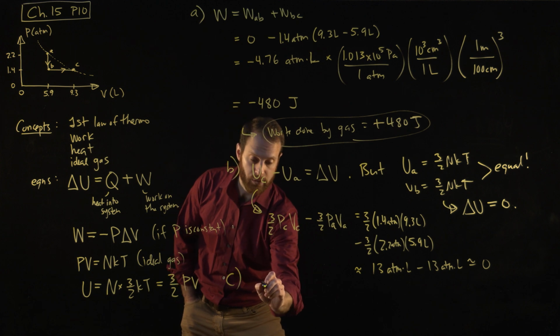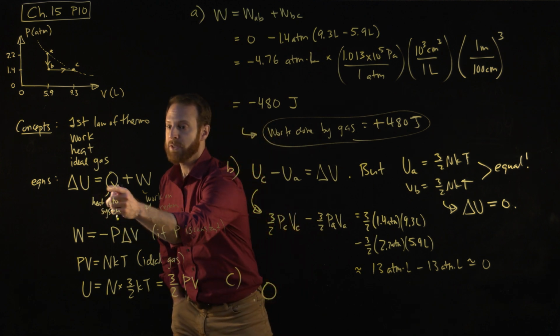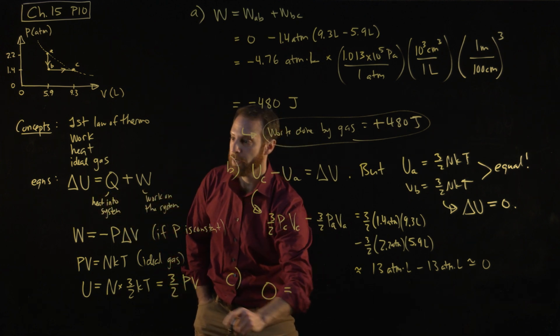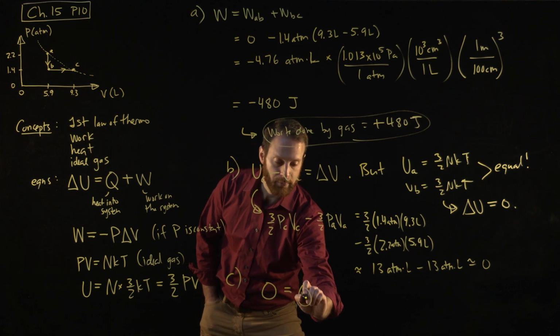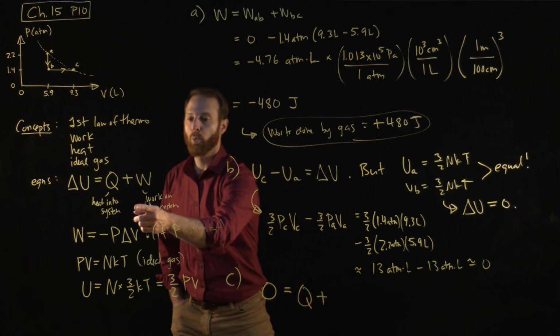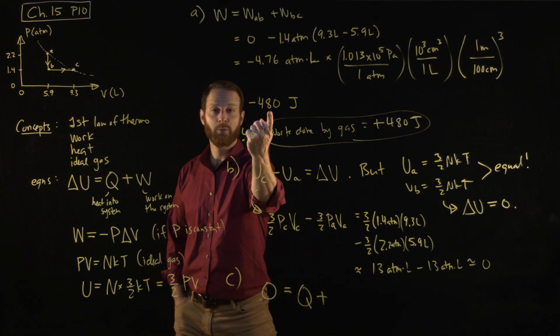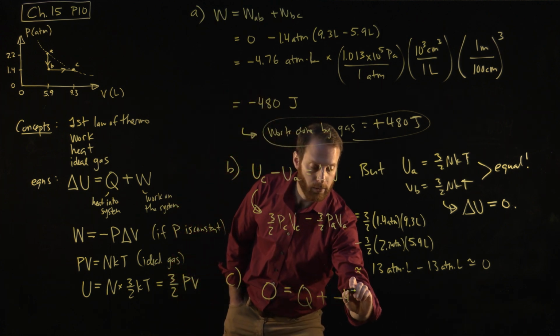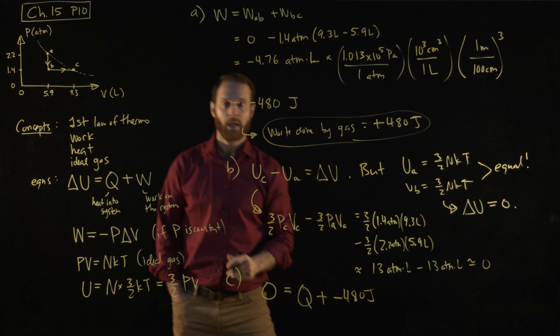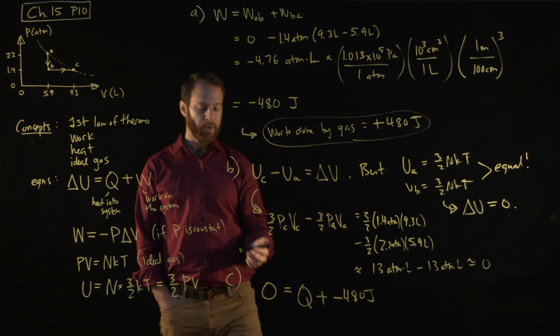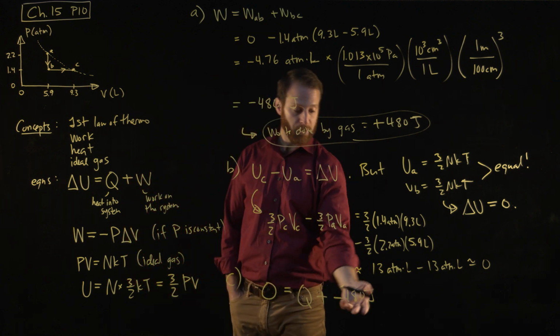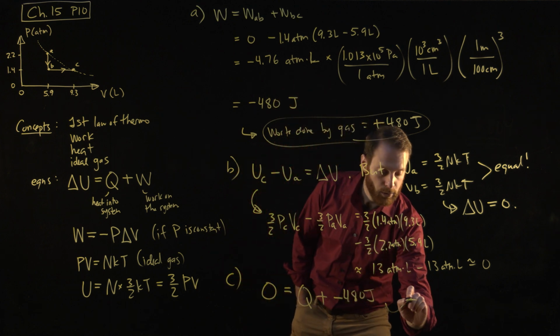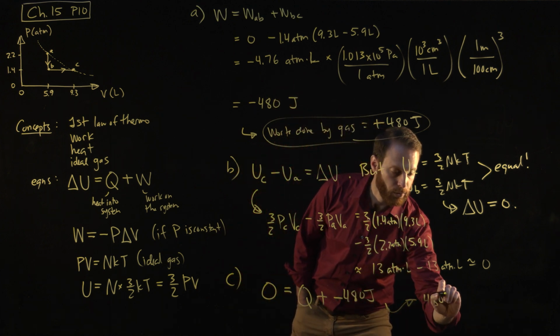We just figured out that was 0. That's equal to the heat that is added to the system plus the work done on the system. Recall, that's what we calculated before. Technically, that was the minus 480 joules. So using the first law of thermodynamics, we can figure out that Q must be 480 joules.